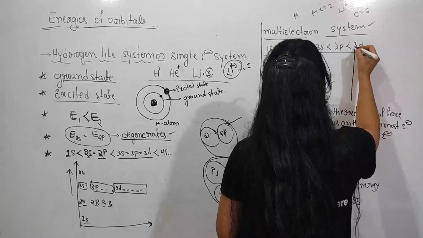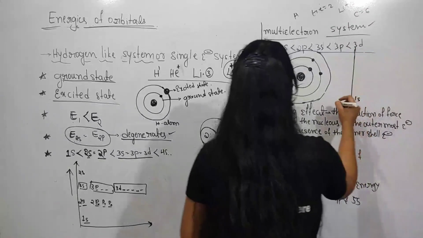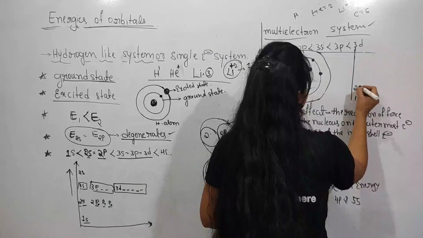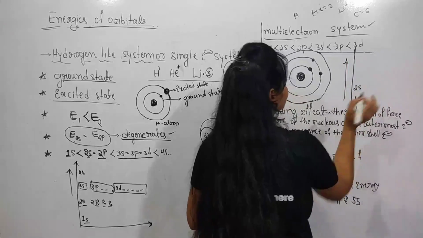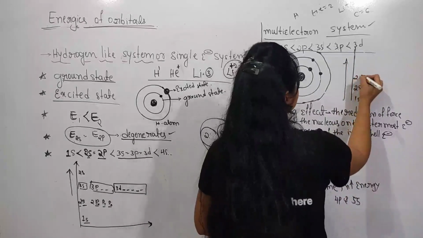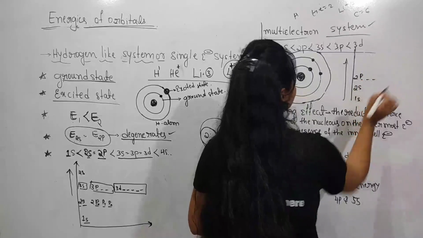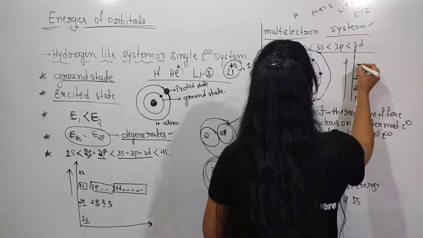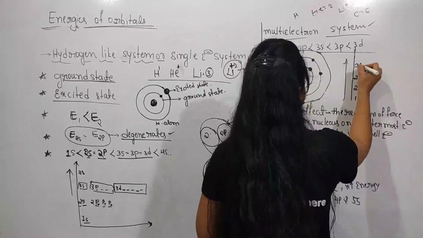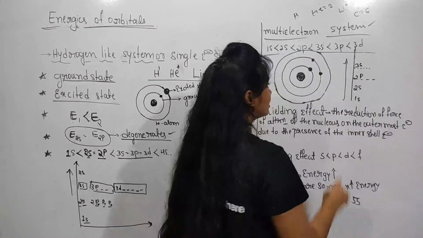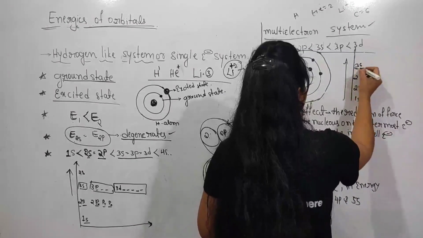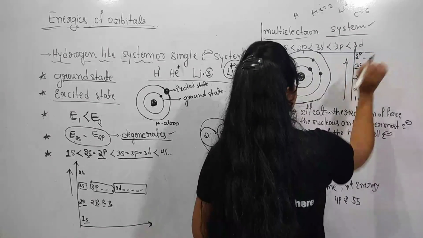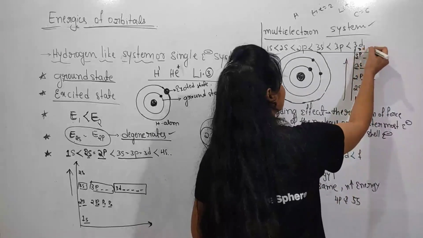Here also I wish to draw the energy levels. First we have the 1s energy level, and the 2s energy level is greater than the 1s energy level, and next the 2p orbital is greater than the 2s energy level, and next 3s has another greater energy level, and after the 3s we have 3p, a higher energy level, and next 3d, a higher energy level.